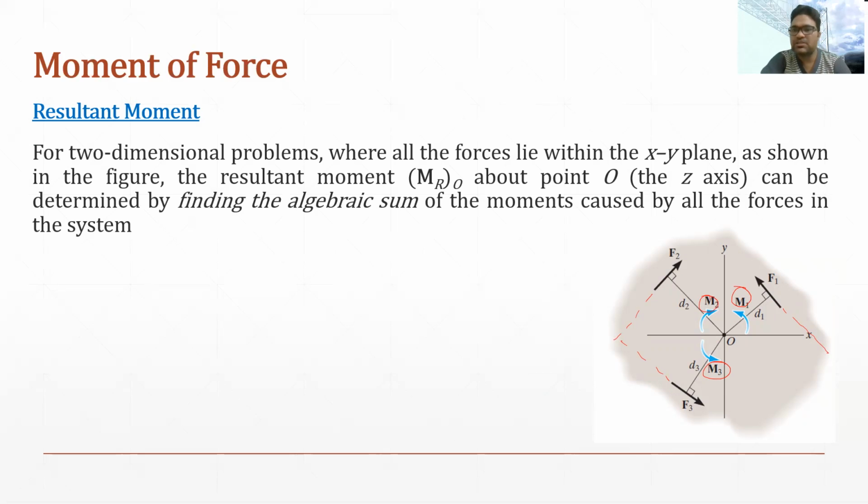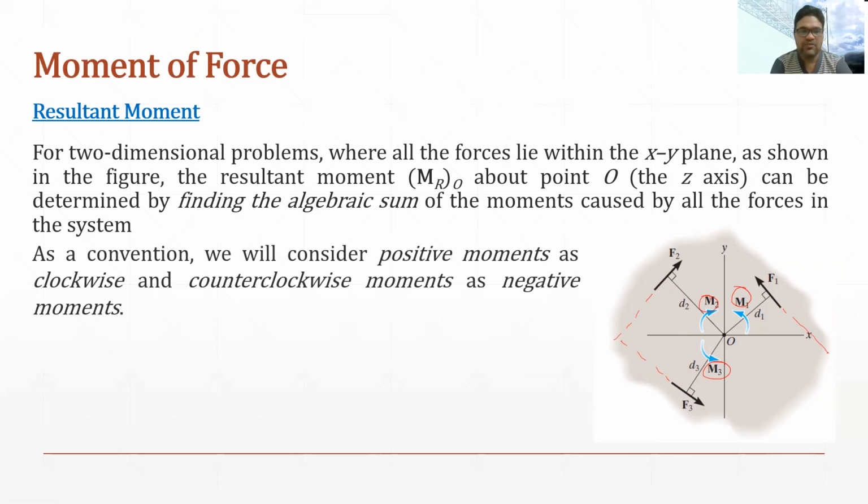For that, we need to understand the direction. Like we need to understand the sign convention. So if there is a clockwise moment, we will consider that as positive. If there is an anti-clockwise moment, then we will consider that as a negative moment.